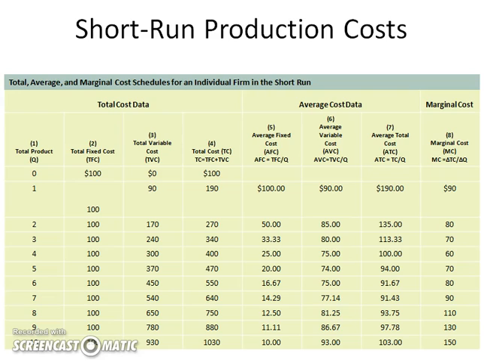Our fifth column is our average fixed cost, which would be 100 divided by quantity in every case. Our sixth column is average variable cost, so it's our total variable cost divided by the quantity. The seventh column is average total cost, total cost divided by quantity, and our marginal cost is the change in total cost divided by the change in quantity.